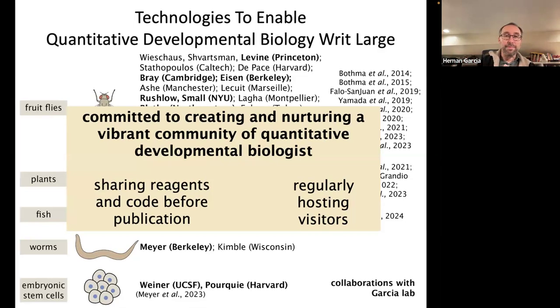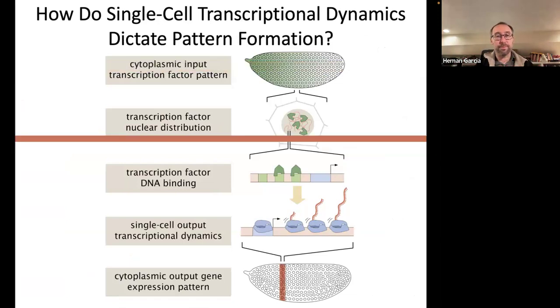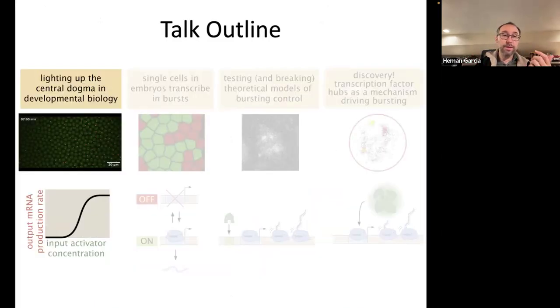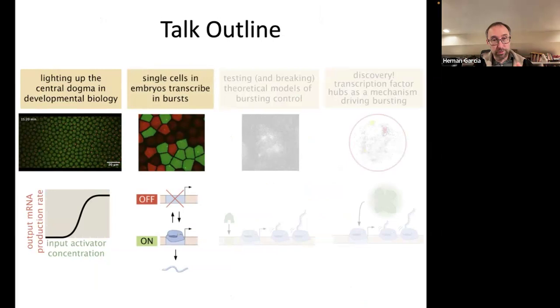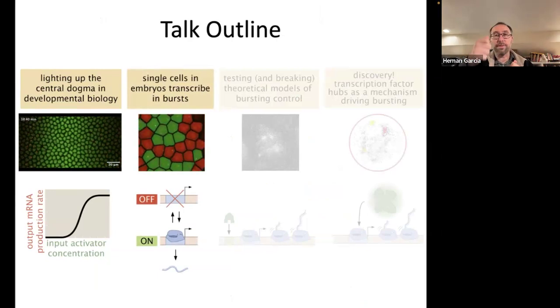Okay. All right. So I just showed you how now we have technologies to answer for the first time what individual cells are doing over space and time in order to create this macroscopic pattern of gene expression. Okay? And what I want to do next is to show you how, when we use these technologies to zoom into the transcriptional dynamics of individual cells, we're going to find that these individual cells are transcribing in a bursty fashion.